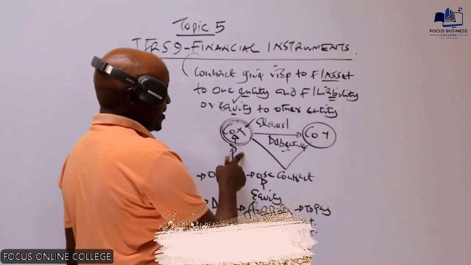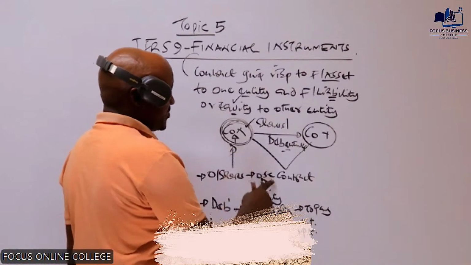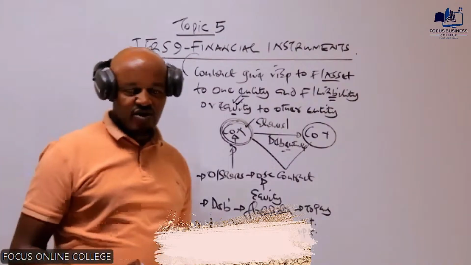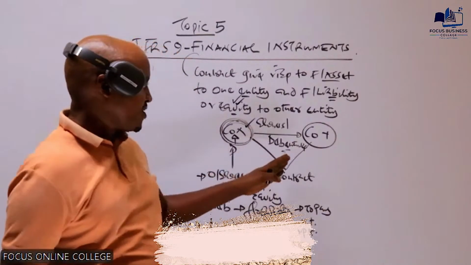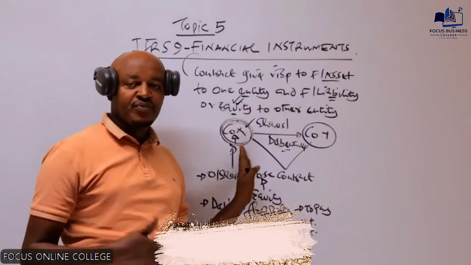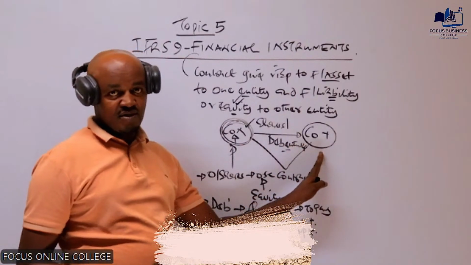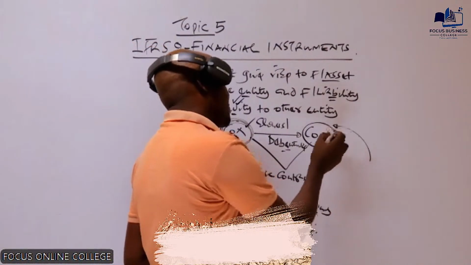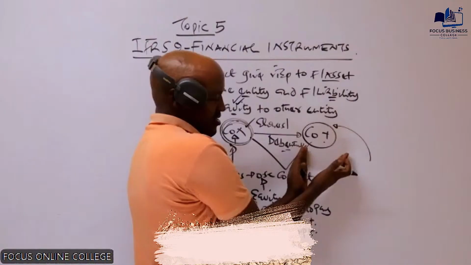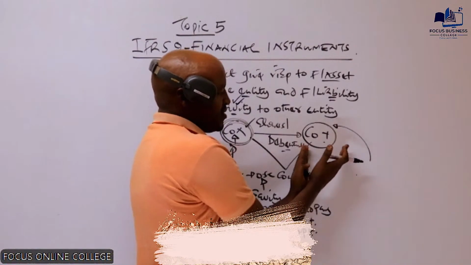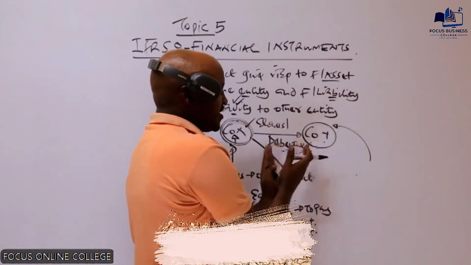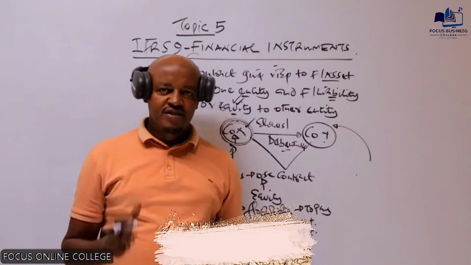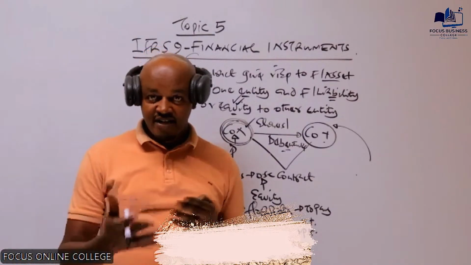We have said if this company issues ordinary shares, it will raise ordinary share capital, and that gives rise to equity. Then we assume that some of the shares or debentures issued by company X have been issued to company Y. Once company Y buys shares, it is investing in shares or debentures issued by company X. If you invest in shares or debentures, to you that investment is an asset.